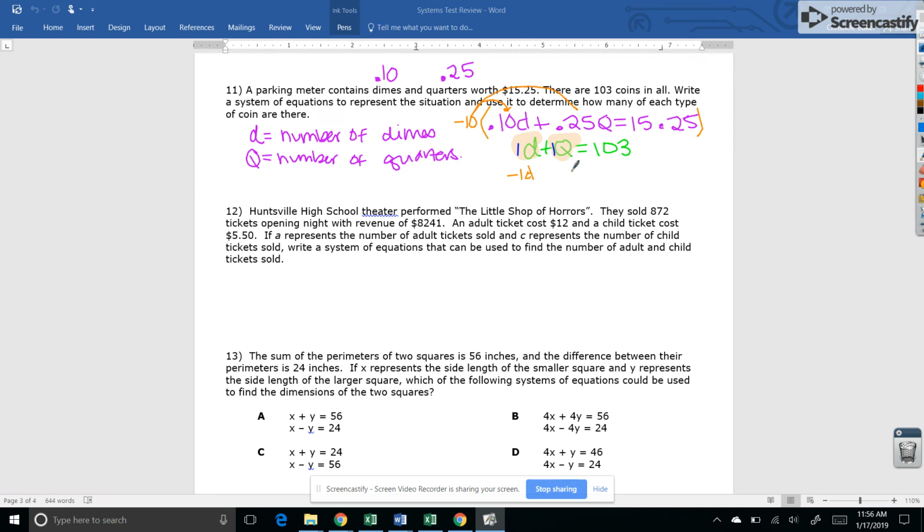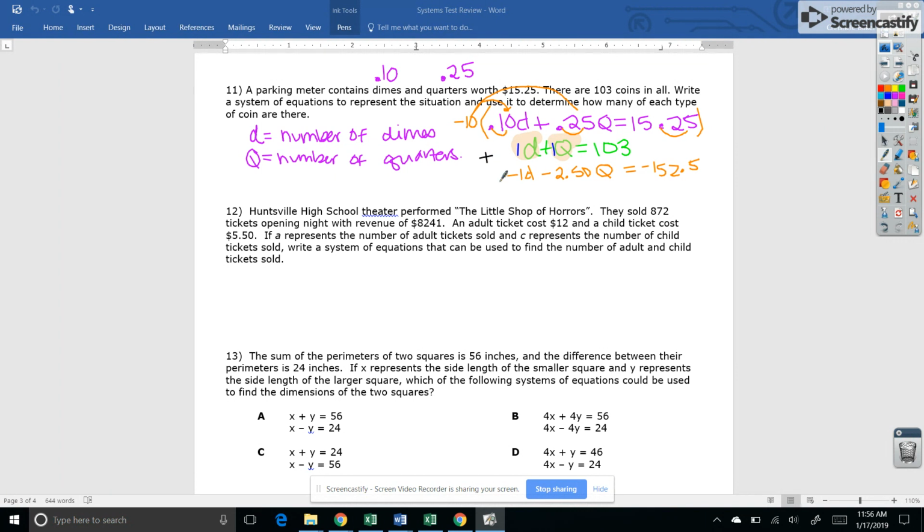Negative 10 times 0.25q is negative 2.5q. Silly, negative 10 times 15.25 is negative 152.5. I'm just sliding the decimal place over once to the right to multiply by 10.